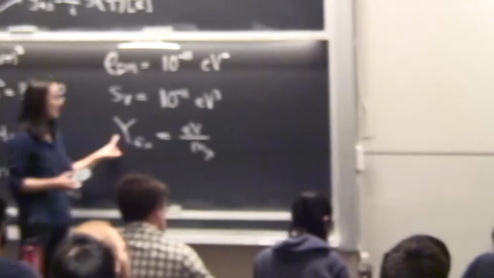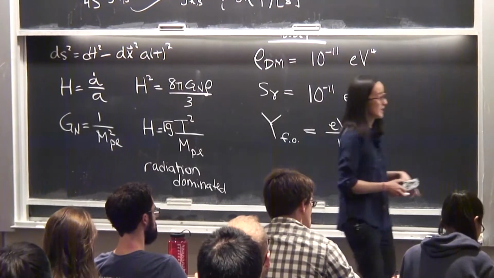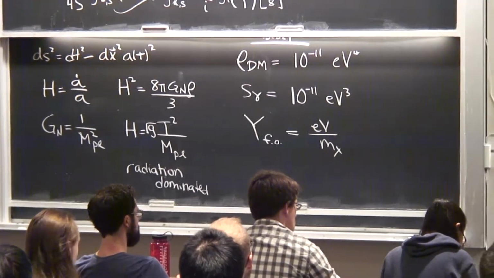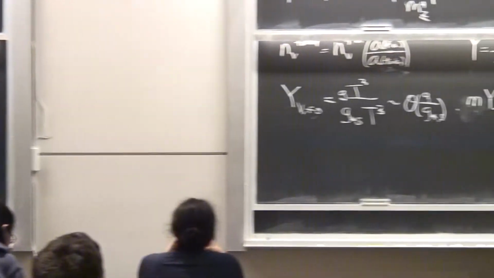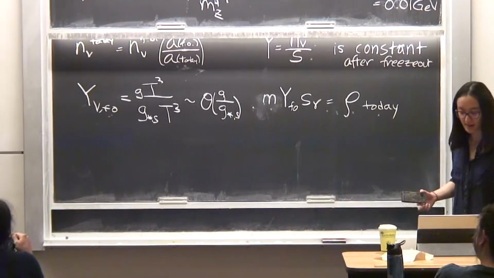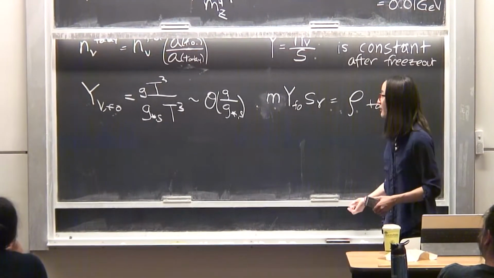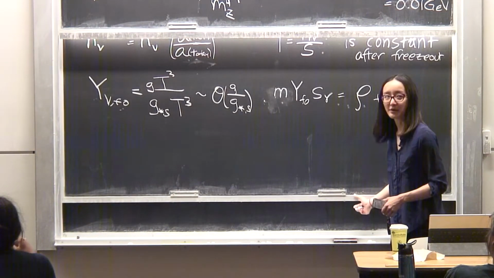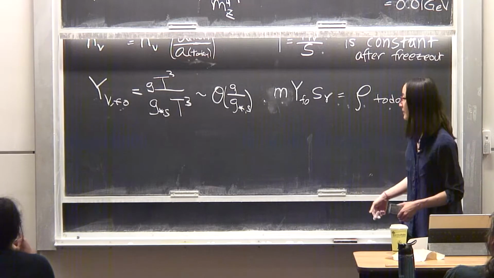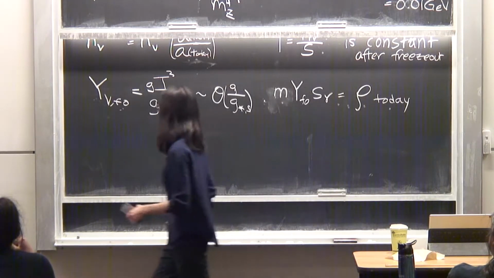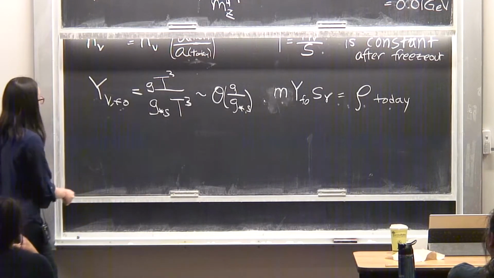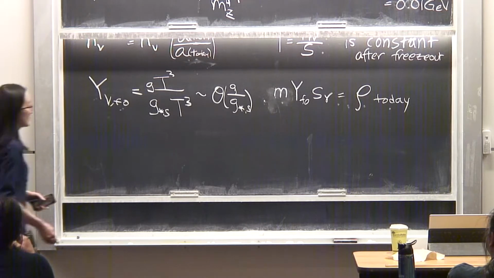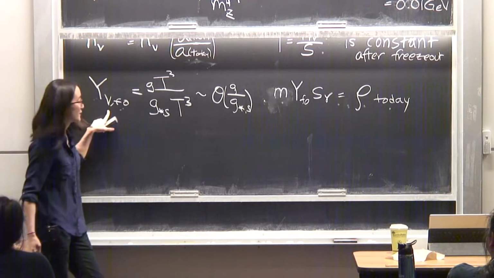Okay, so this relation makes it very straightforward to start to estimate the relic abundance of a dark matter candidate in natural particle physics units. And we see what was mentioned yesterday. Let's take the case for neutrinos.